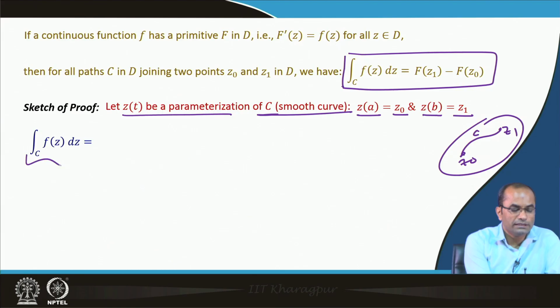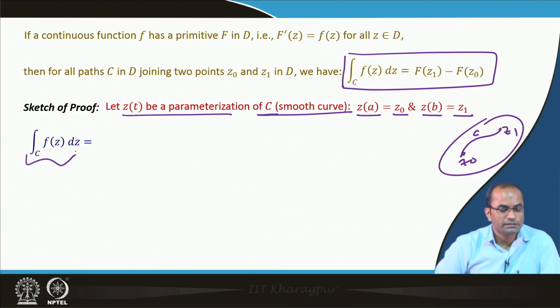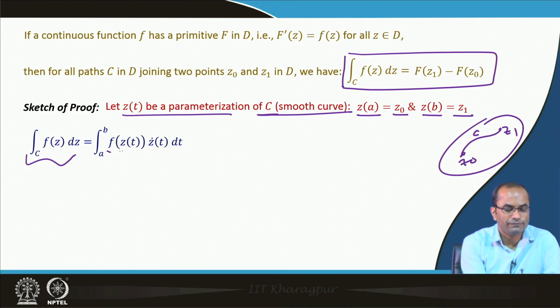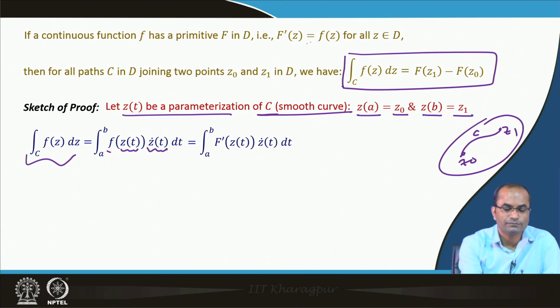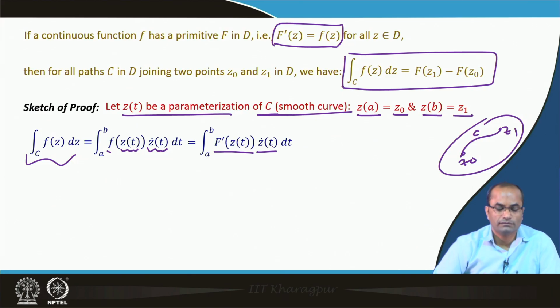So, in the line integral of f(z) dz, we write f and substitute z(t), as in the formula we discussed first, along with its derivative. Because f has a primitive, f is given as F prime, so we have F prime of z(t) times the derivative of z(t) with respect to t, dt.